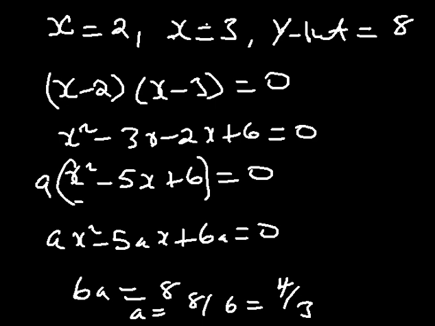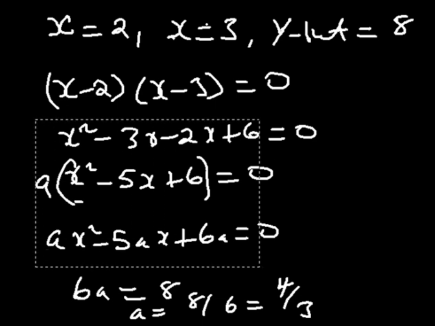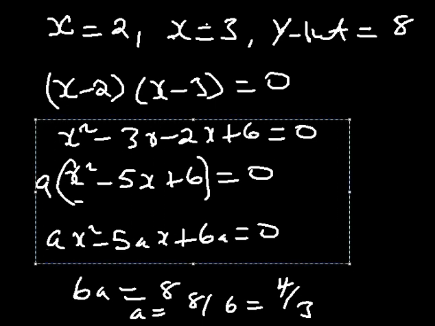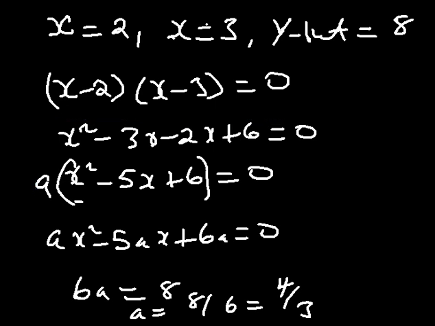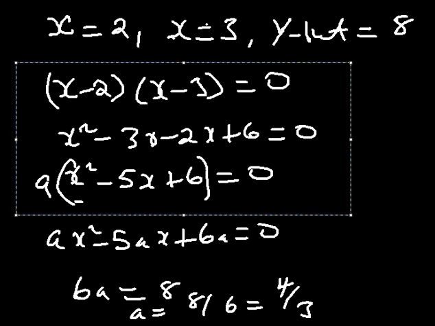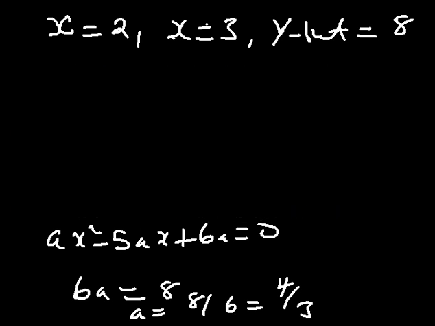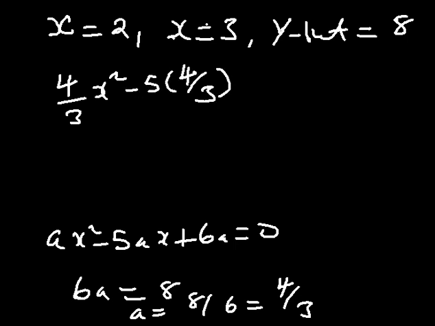Hence we'll have it back now as 4 over 3 x squared minus 5 times 4 over 3 x, plus 6 times 4 over 3 is equal to 0.